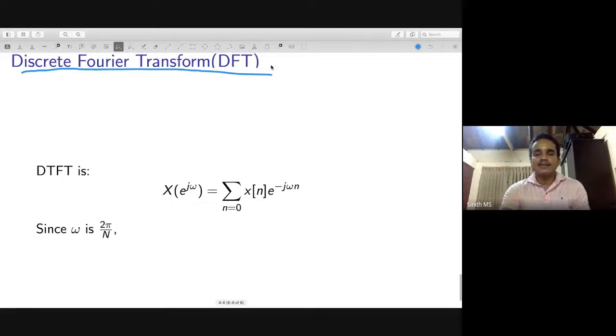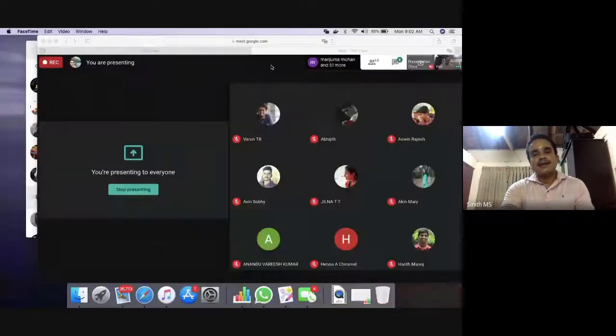If you take N samples, it becomes the N-point discrete Fourier transform. So from the discrete time Fourier transform, the time disappears and it becomes the discrete Fourier transform. So DFT is not periodic. DFT is not continuous. It is discrete.